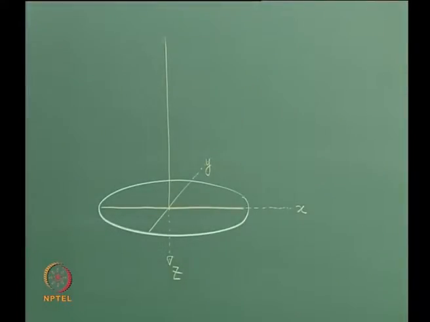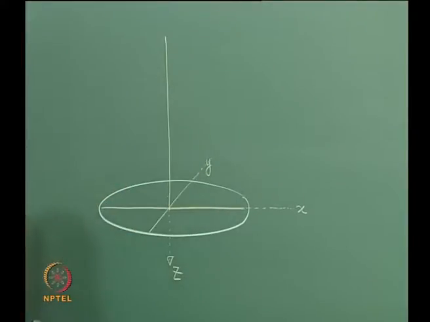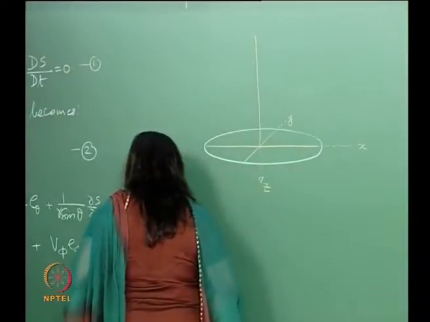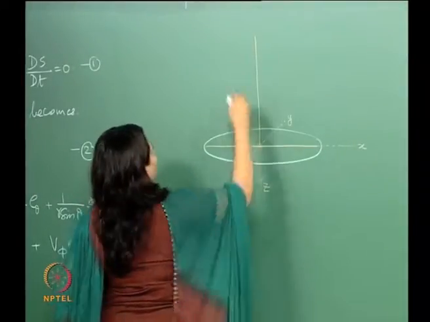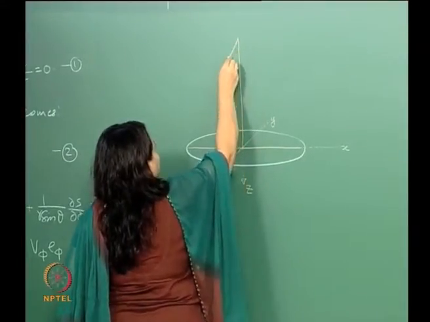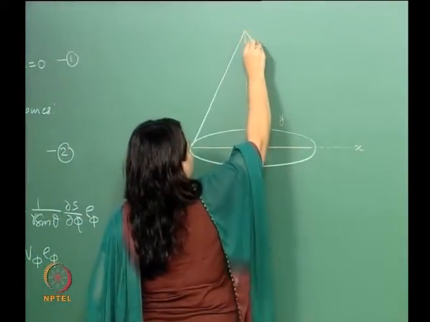This is the 3D picture, I am trying to draw this right. If I draw a line from this vertex, this is my cone.